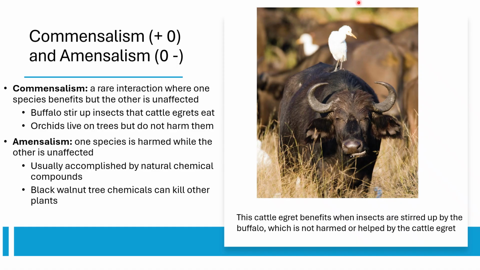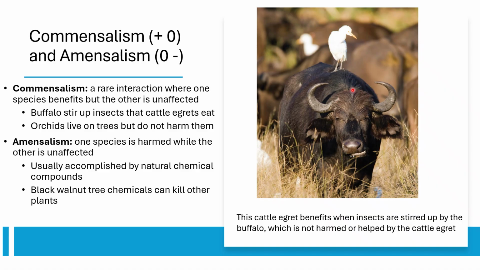Here we have an example on the slide. We can see the buffalo and the egret. The egret will benefit from the interaction by feeding on the insects that are stirred up by the buffalo.